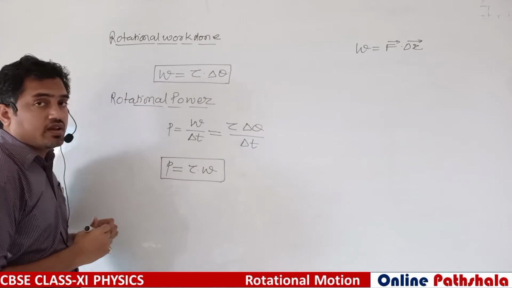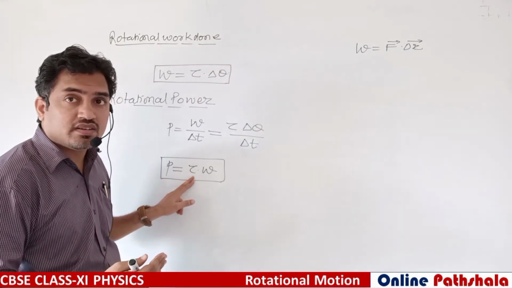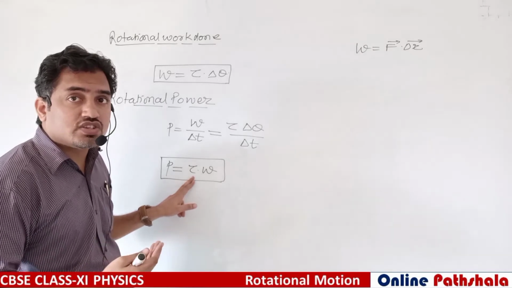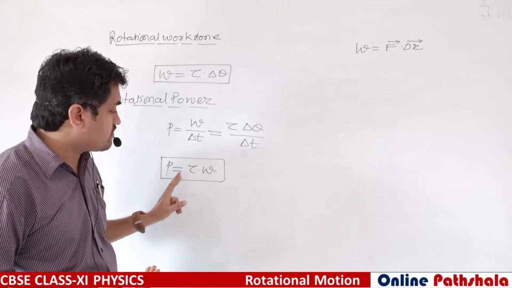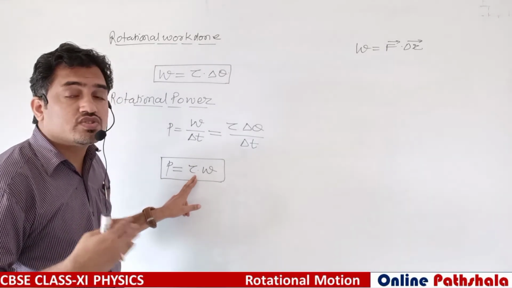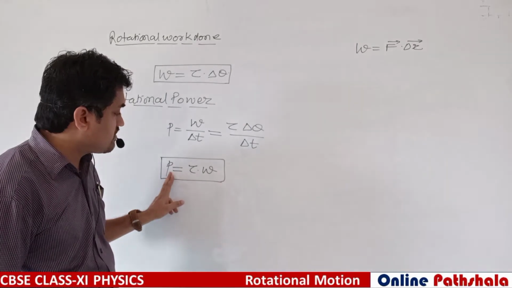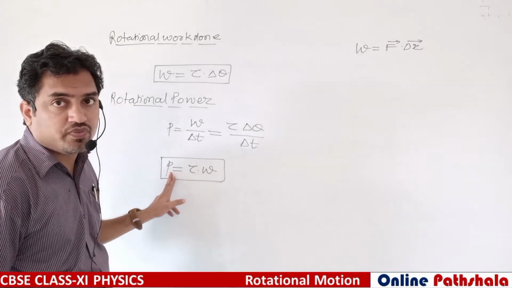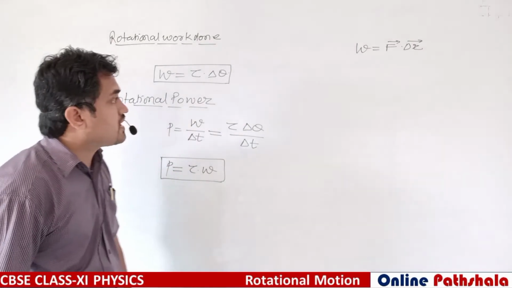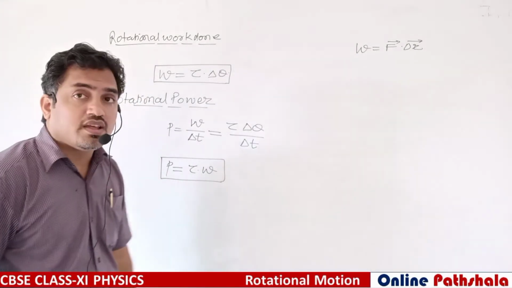If this torque is producing positive angular acceleration, this power will be positive. If this torque is retarding, producing negative angular acceleration, this power will be negative. So these are the concepts of rotational work done and rotational power.